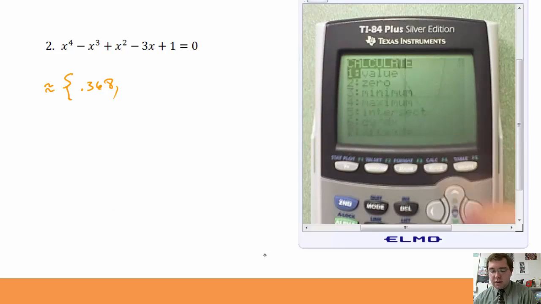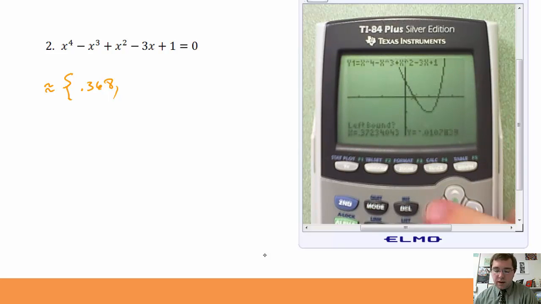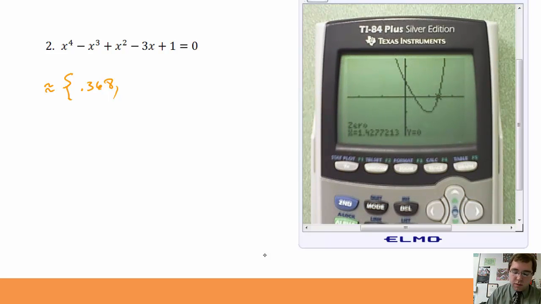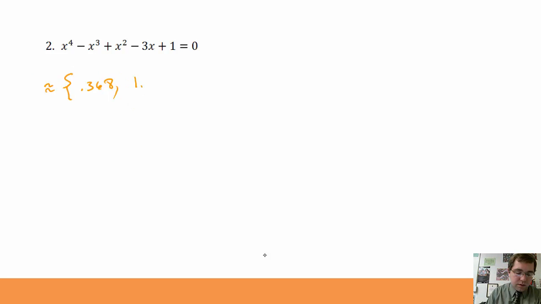Second, calculate, 0, left bound, right bound. There we go. And guess, enter, 1.428. And I'm done. Cool.